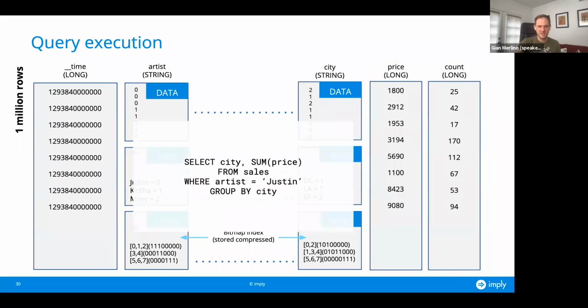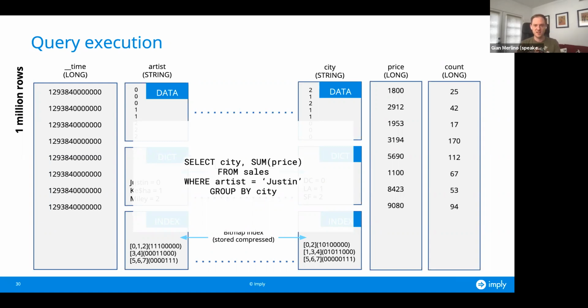Okay. So I want to go through a query and talk about how we're going to execute this query on this segment. And I think this is going to illustrate how a system like this can blaze through so much data so quickly.